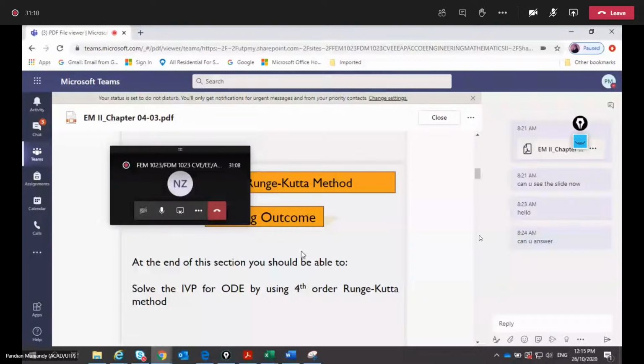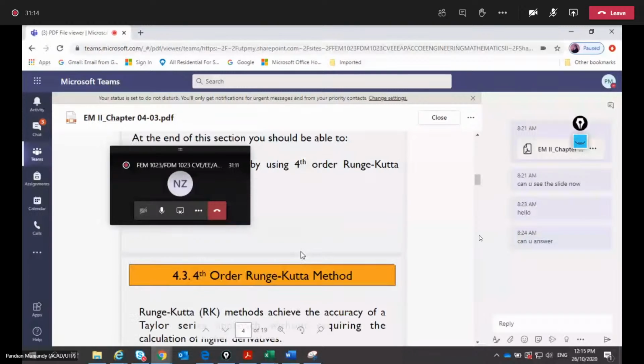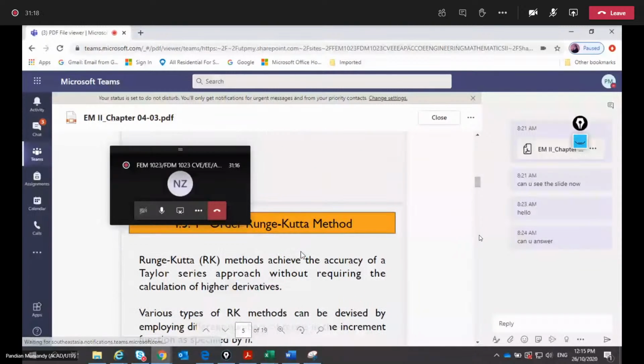It is a very important method for engineering students, because we want to solve the first order differential equation. Runge-Kutta is the name of two persons. The short form is RK.